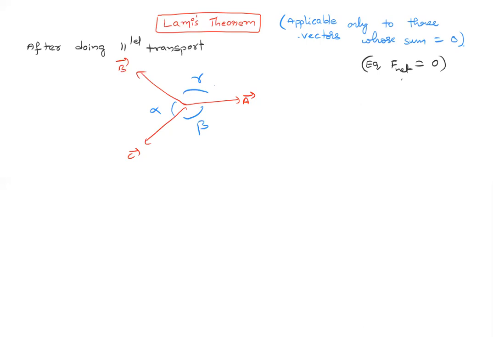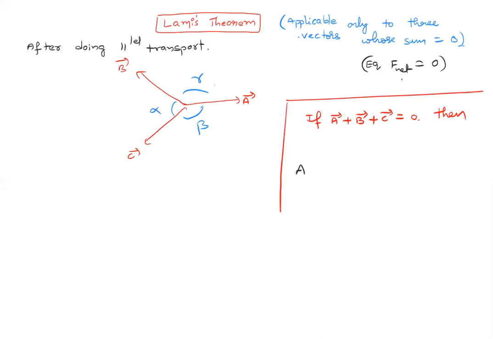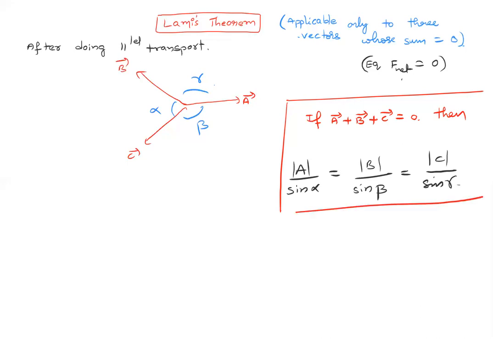Now if a bar plus b bar plus c bar is equal to 0, then Lami's theorem says mod a by sine alpha is equal to mod b by sine beta is equal to mod c by sine gamma. So with this you can calculate the unknown force.